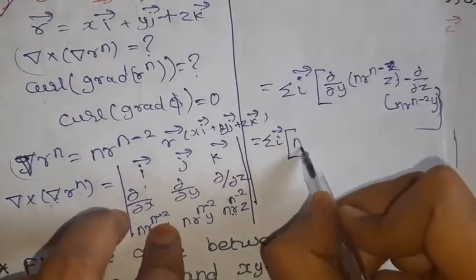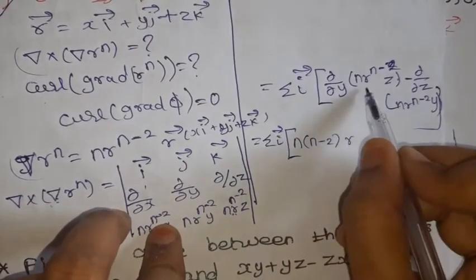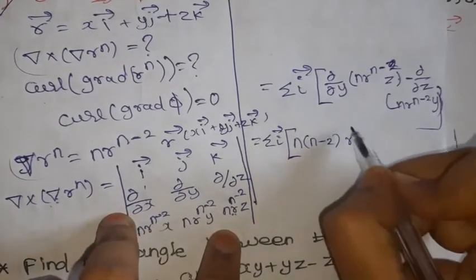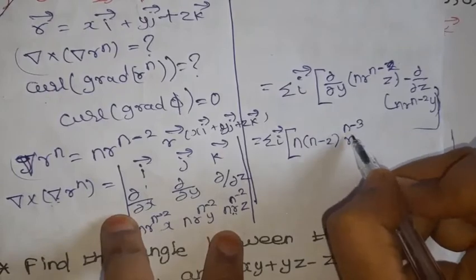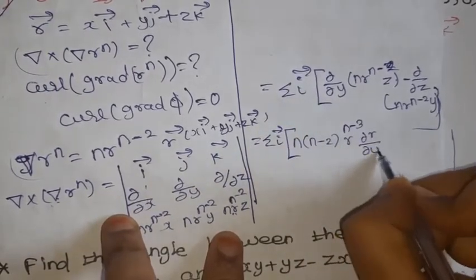So already n is there, so n into n minus 2 into r power n minus 3 into dou r by dou y, because it is with respect to y.